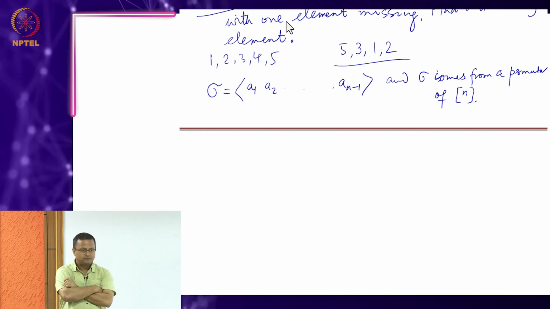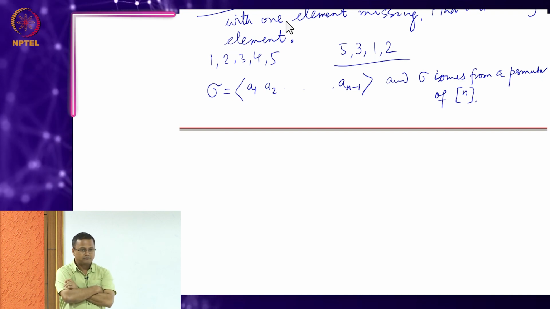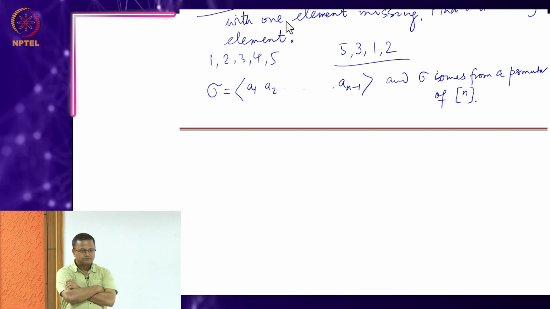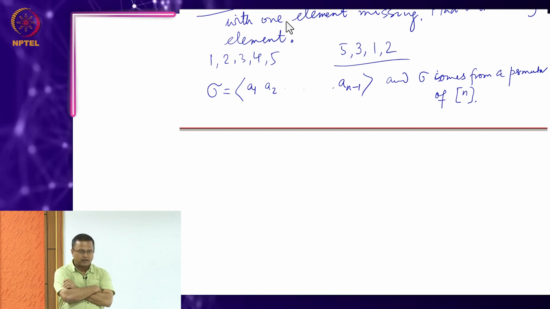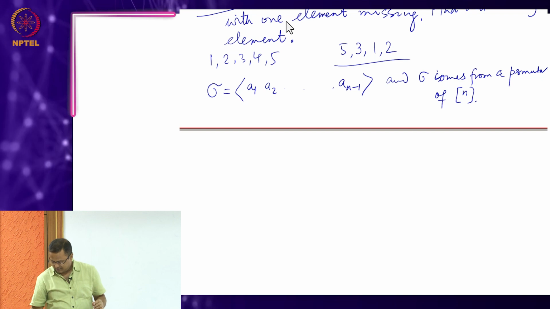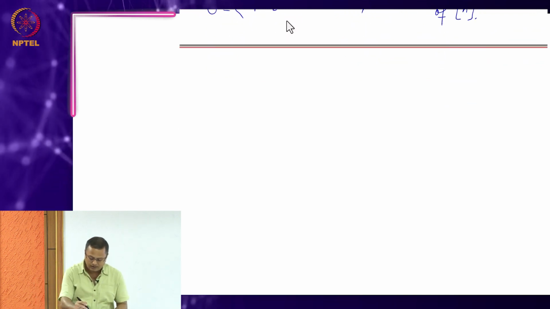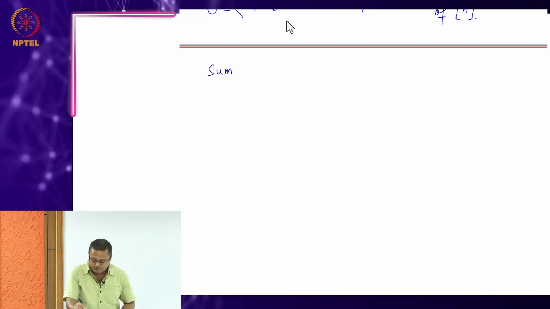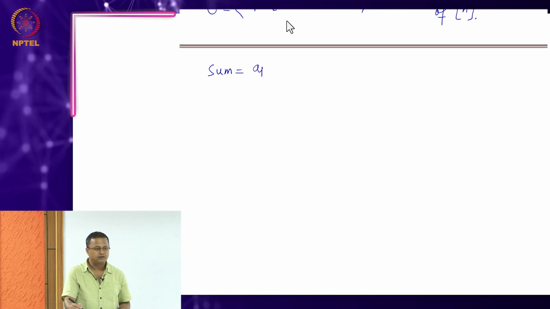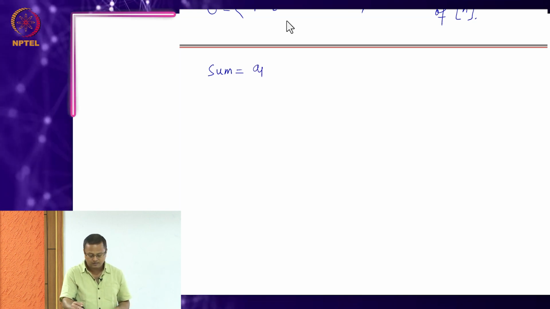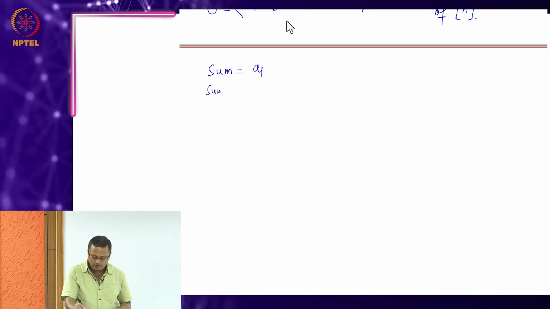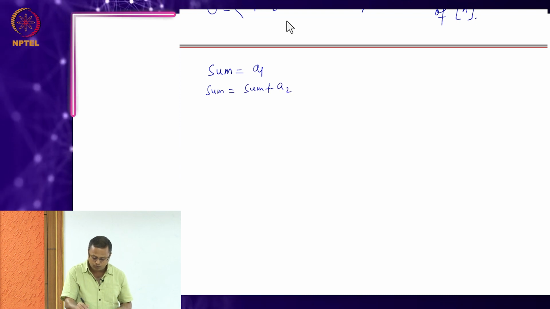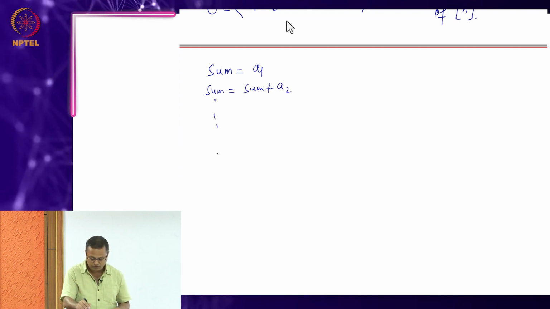Go ahead, you had a nice idea. Declare one sum variable and add every element. So, his idea is as follows: declare a sum variable. You add this. In the next step, make sum equals sum plus A2, go on.